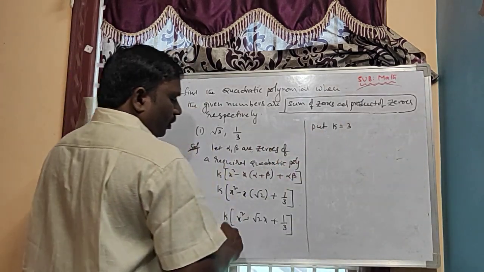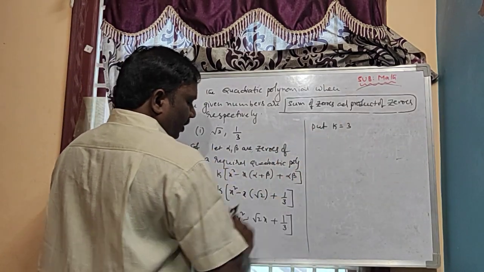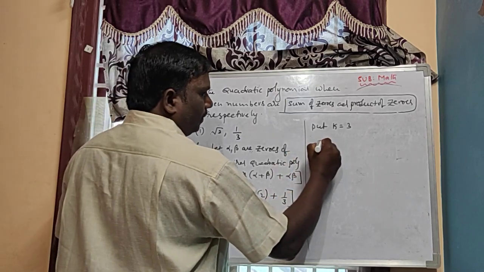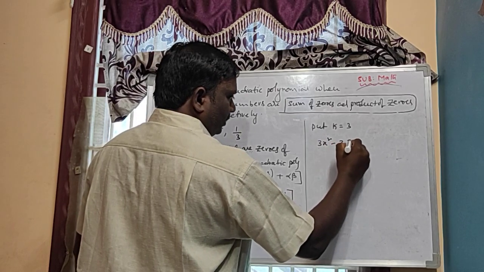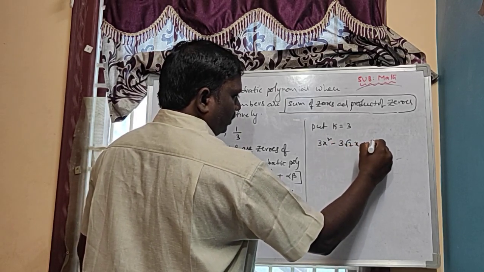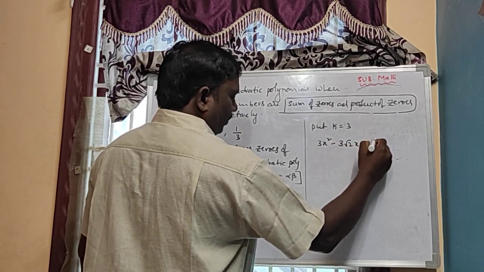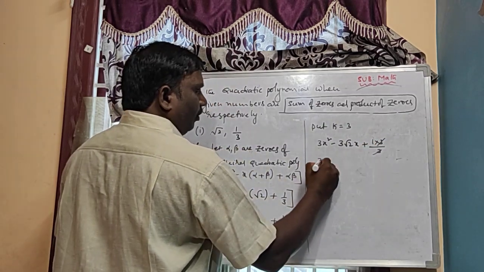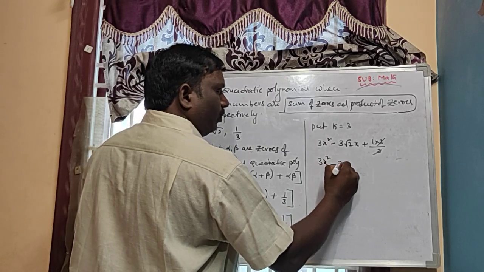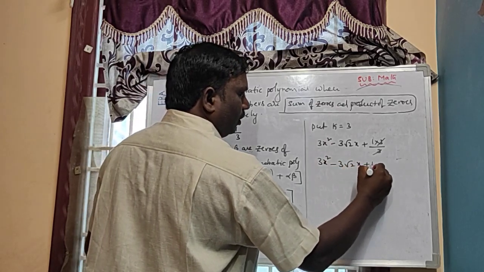So k equal to 3. Then 3x square minus 3 root 2 x plus 3, which gets cancelled. That means 1 into 3 by 3, the 3 gets cancelled. 1 it will become. This is the required quadratic polynomial.